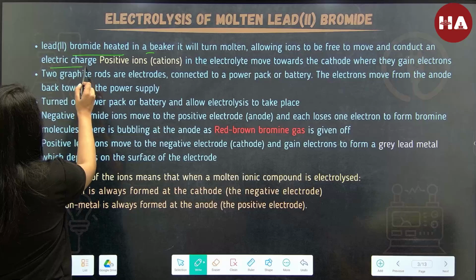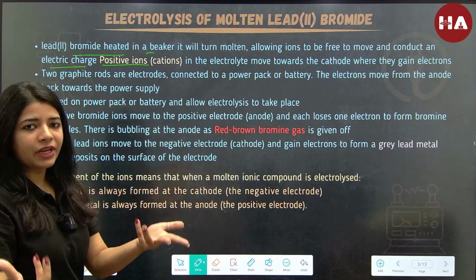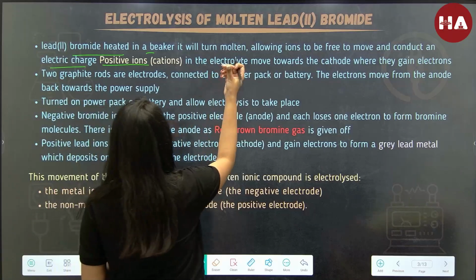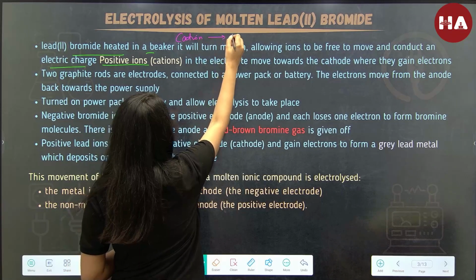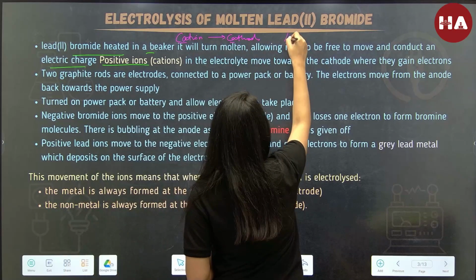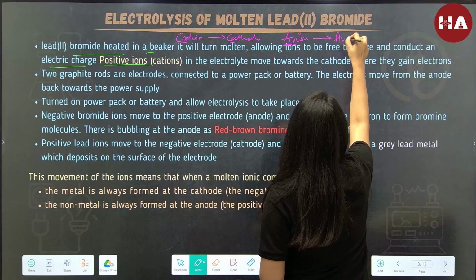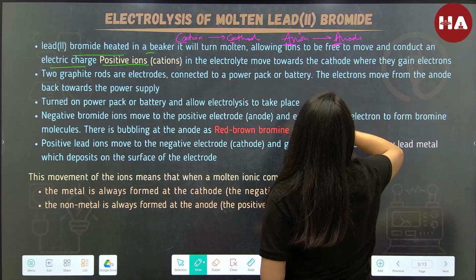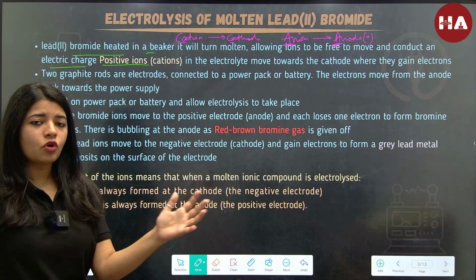Second, electric charge: positive ions, cations in the electrolyte, move towards cathode. We know CC, this mnemonic also we talked about. Cation starts with C and it is attracted by cathode, which also starts with C. And anion, which is a negative charge species, starts with A and will be attracted by anode, which starts with A, a positive electrode. Anion is a negative ion, so opposite.